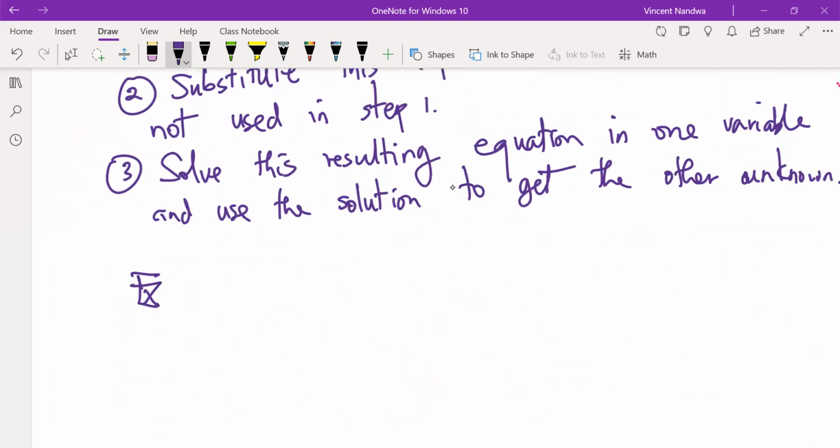So examples. Solve by substitution method.